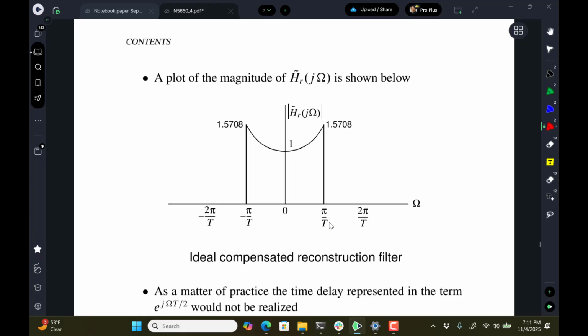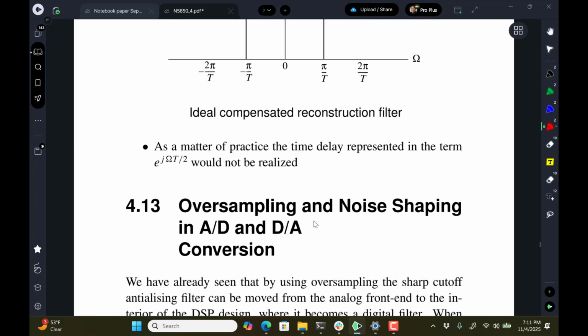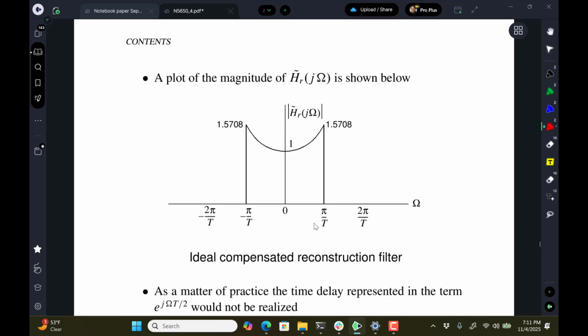So this is just kind of simplistic modeling, and the last problem in the homework is a bonus problem involving a design with a particular anti-aliasing filter and a particular reconstruction filter, and it asks you to come up with the design of that filter to compensate for the spectral shape that they give you in the problem.